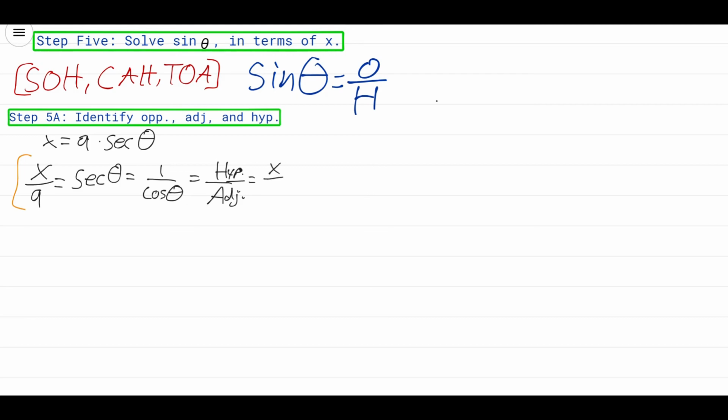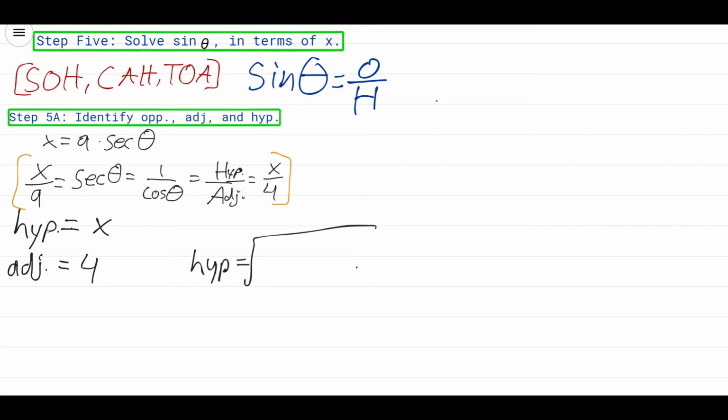So we know this is equal to x over a, and we know our a is 4, as we already identified. So now we identify the hypotenuse is equal to x, the adjacent is equal to 4. So now we can solve for the opposite. Again, we know from Pythagoras that the hypotenuse squared is equal to the adjacent squared plus the opposite squared.